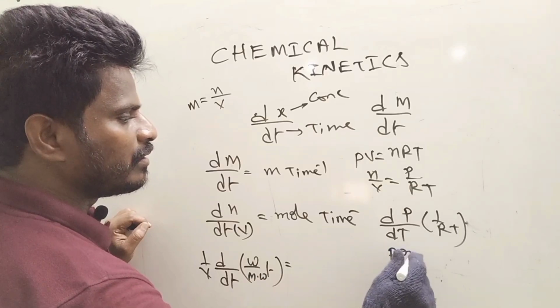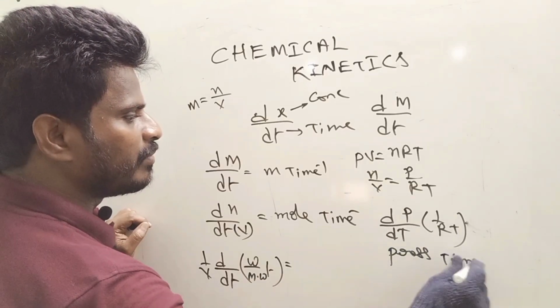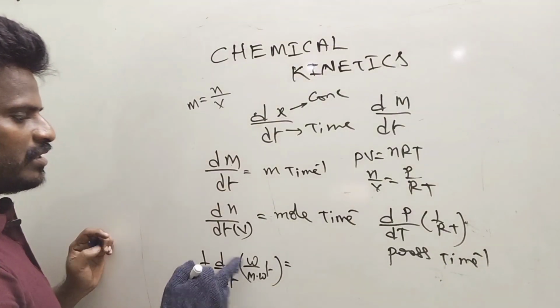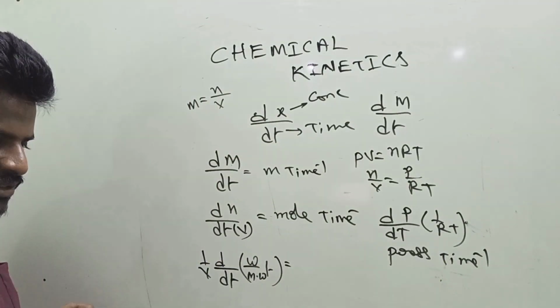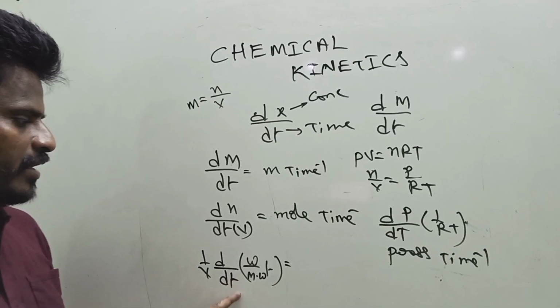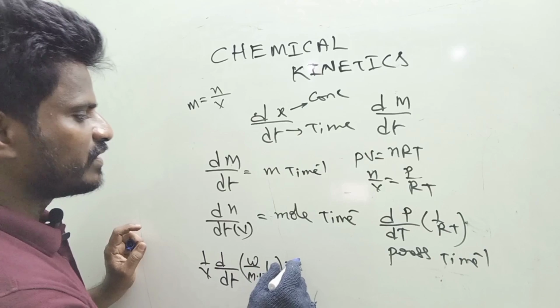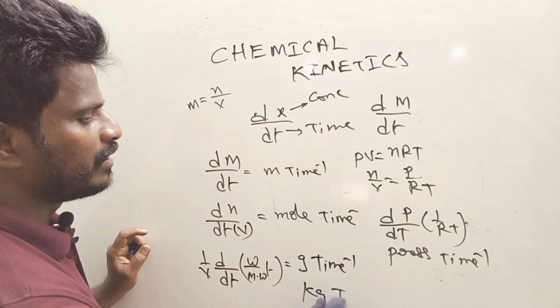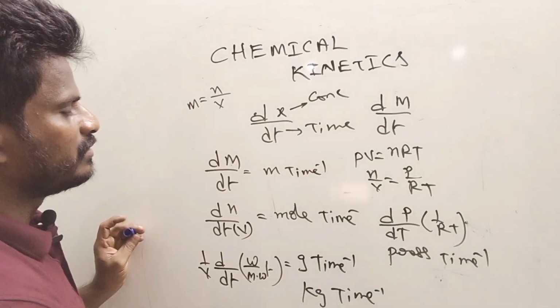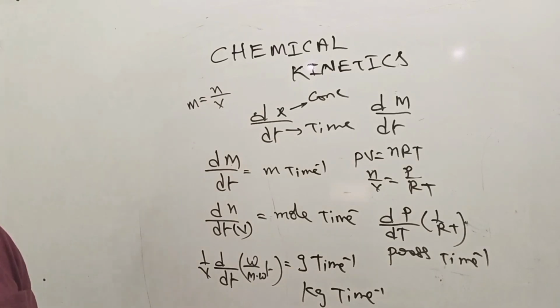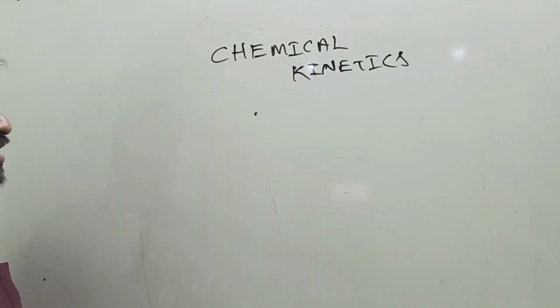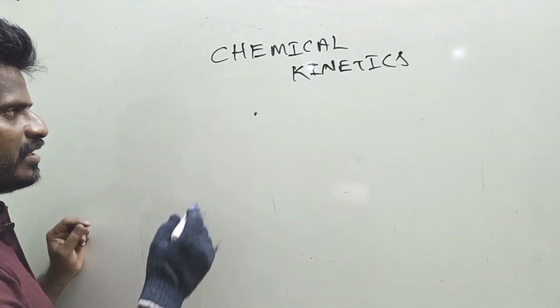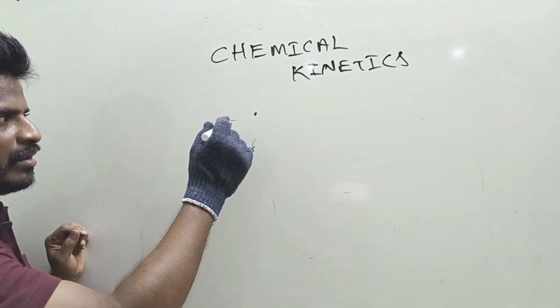Here, where the values are weights, it is gram per time inverse or kg time inverse. These are the rate expressions in terms of various rate expressions of the reaction.